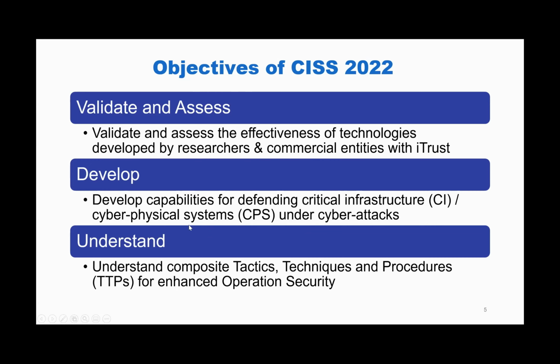How you defend against cyber physical attacks will be as important as defending against purely cyber attacks, which most of you are familiar with. And finally, to understand composite TTPs, or tactics, techniques, and procedures for enhanced operational security. These are the objectives of CISS, and together with all the IDS teams, with all of you, we'll help satisfy these objectives.